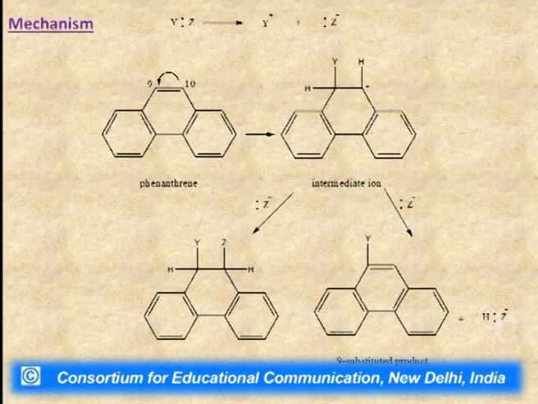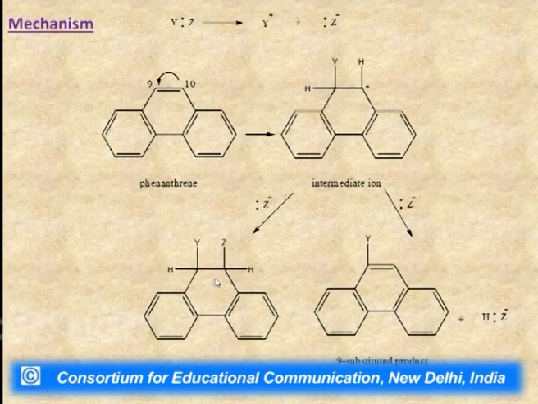In this, a maximum of 5 resonating structures can be drawn, and out of them 3 structures are there in which 2 benzene rings are intact. The more benzene rings intact in the resonance stabilized structures, the more these structures will contribute to the resonance hybrid, and the more will be the stability of the resonance hybrid.